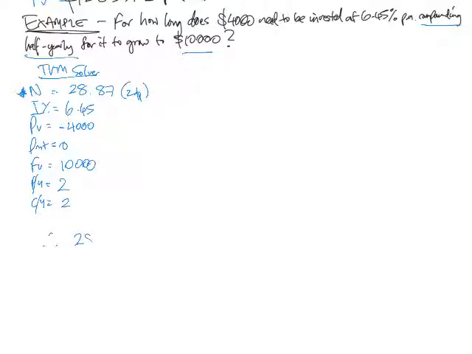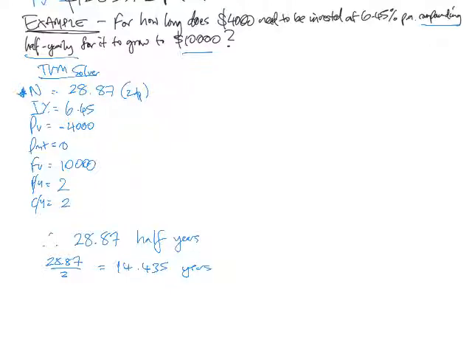It's 28.87 half years, because it's compounding half yearly. So if I wanted to work out how many years that is, well, half years is 2 per year, so 28.87 over 2. It's going to be 14.435 years.